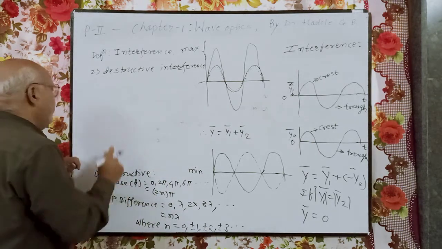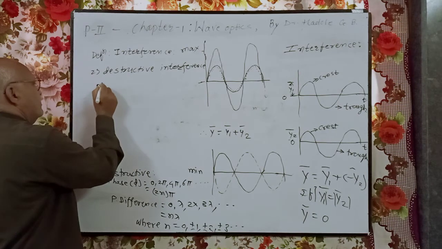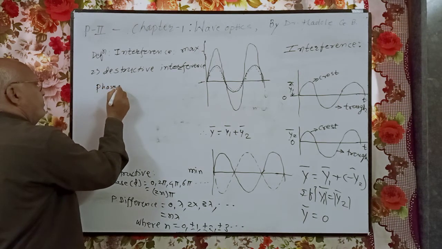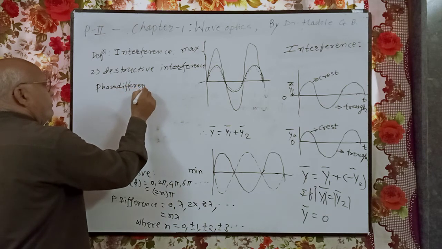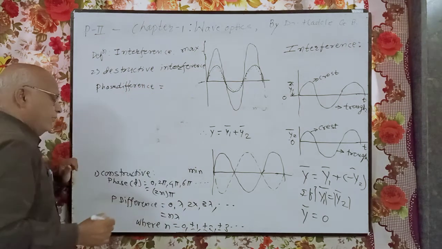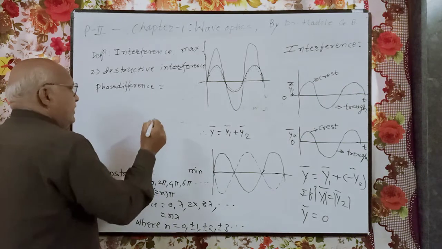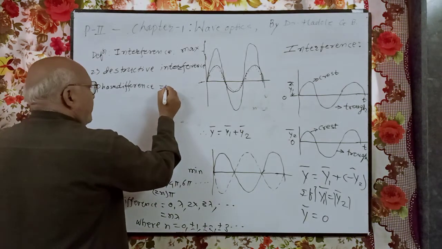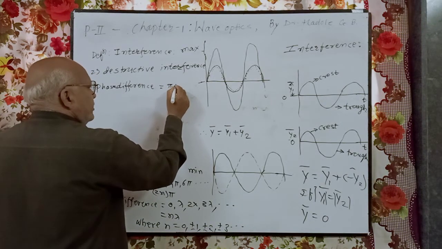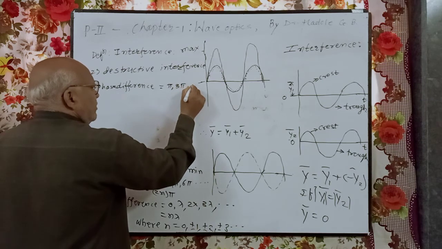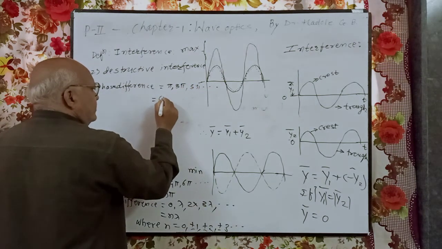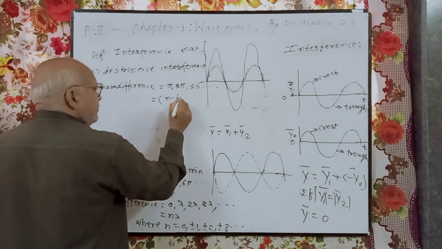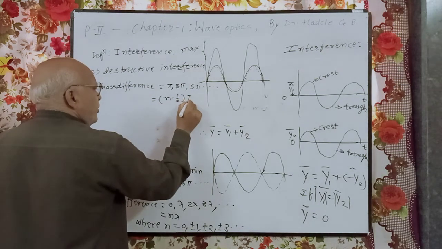In terms of phase difference, if the phase difference is pi, 3 pi, 5 pi, and so on, that is n minus half into pi.